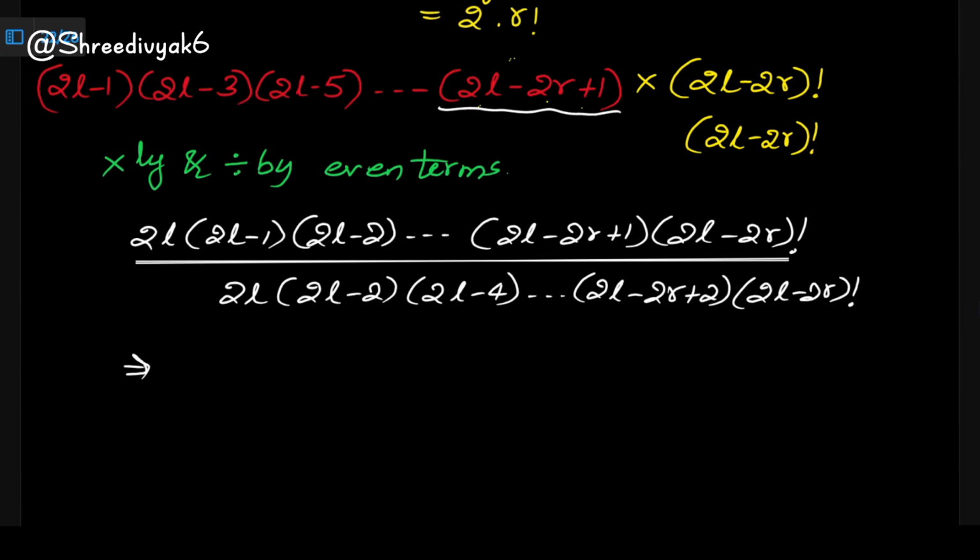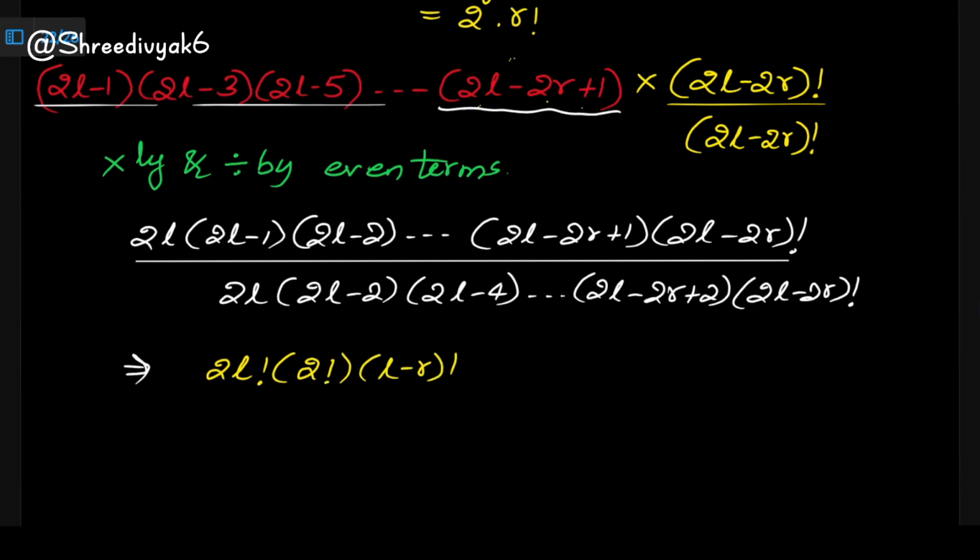Now simply I can write this as 2l factorial into 2 factorial into l minus r factorial.